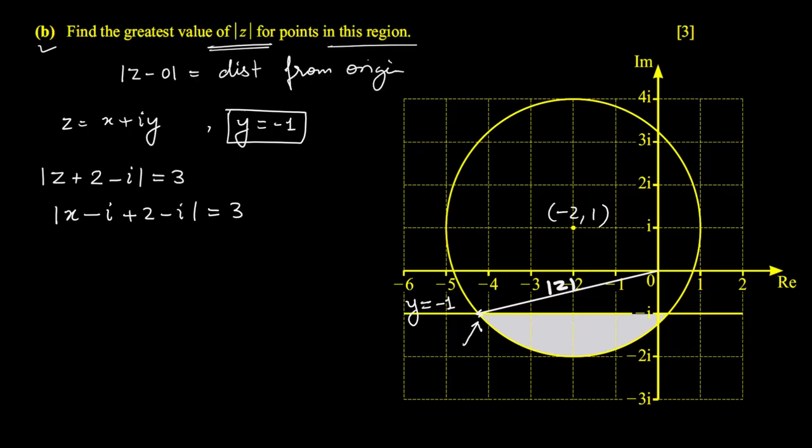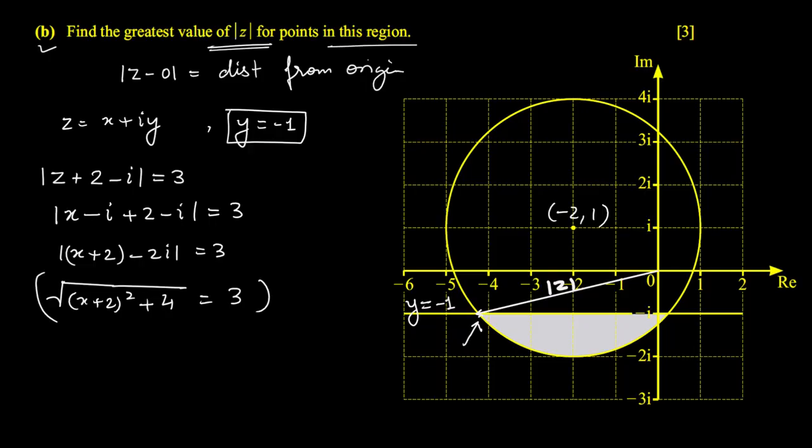So if we simplify, we get x plus 2 as the real part, minus 2 iota... no, minus iota, equals 3. So the modulus of this is going to be the square root of x plus 2 whole squared, plus the square of the imaginary part, which is going to be 1. This equals 3.